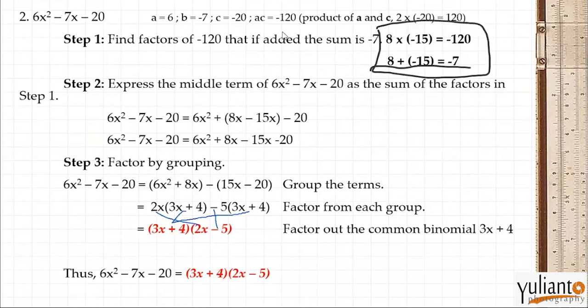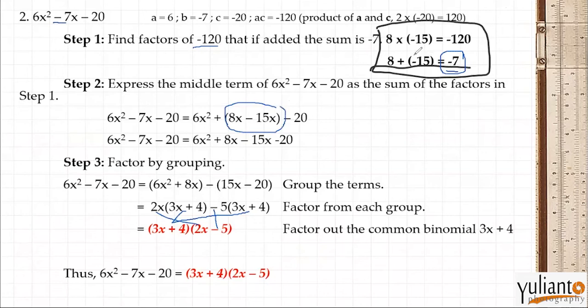Now, for this part, Alma, we are looking for factors that if we multiply two numbers, the answer is negative 120. And if we add the two factors, the answer is -7, because -7 here is our B. It's where we replace it here, right?